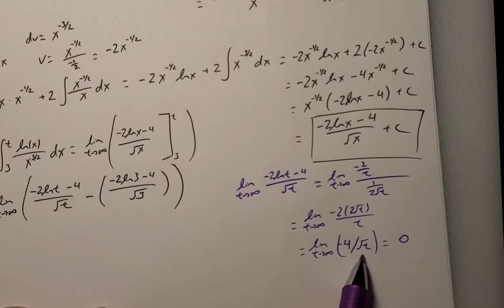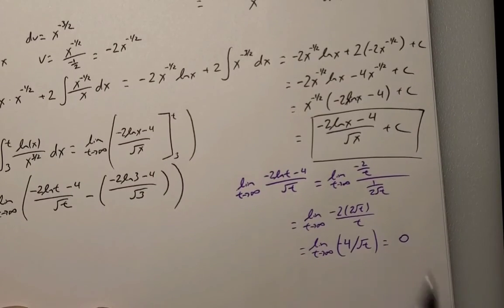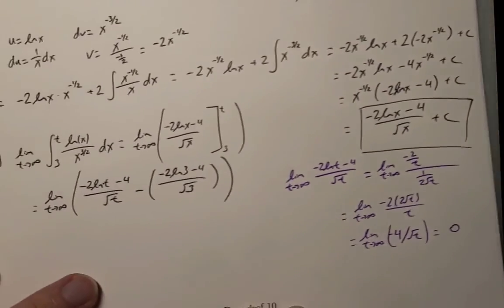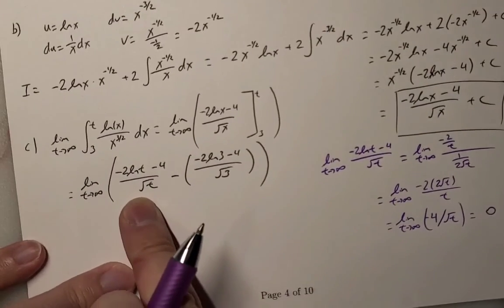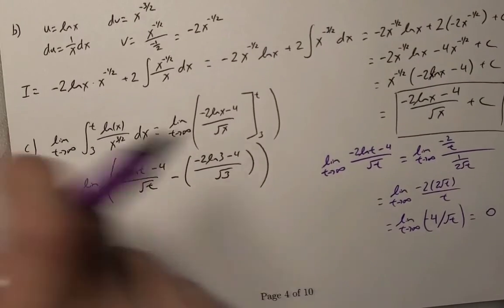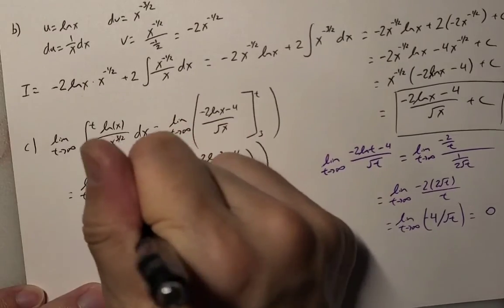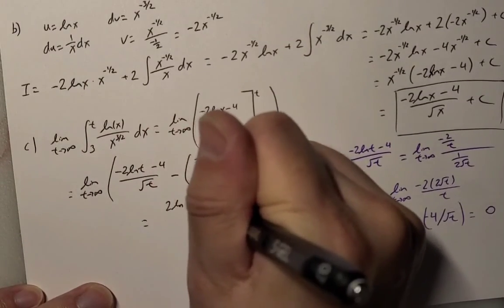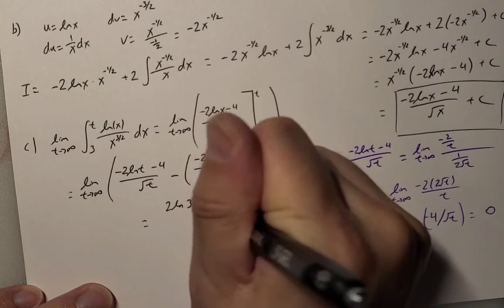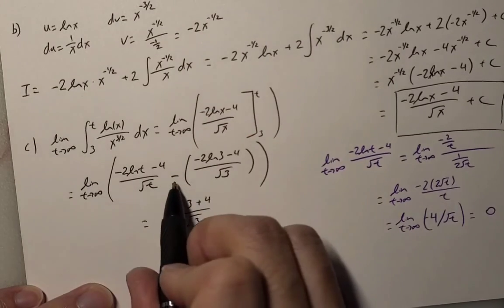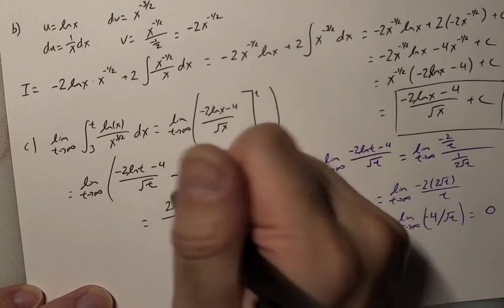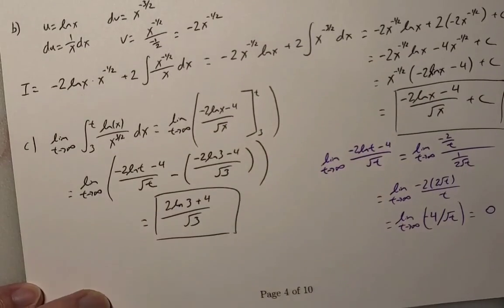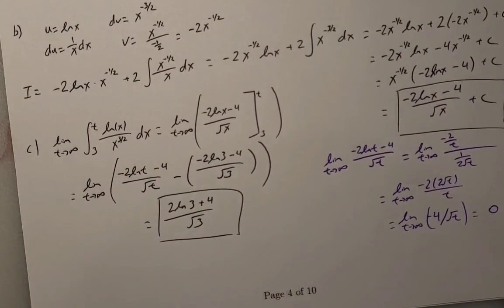As t approaches infinity, the bottom gets bigger, so we approach 0. So the limit of this portion is 0. This is just a constant, so we are still left with that. So we have 2 ln 3 plus 4 over root 3. I distribute this minus sign to both terms. So this is the answer for part C.